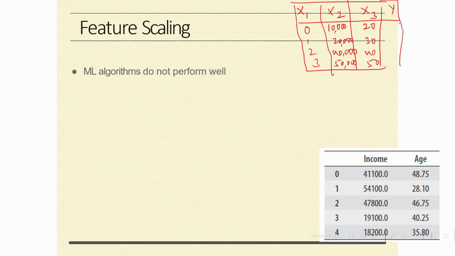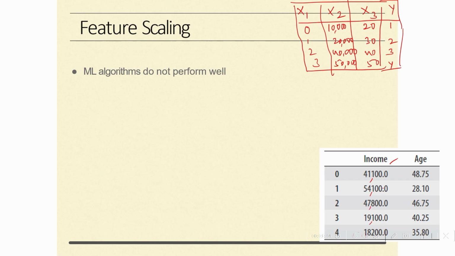Here the corresponding class labels are, suppose, 1, 3 and 4. So these are different data sets, with different values for each and every feature. Now see this example also: income has one range of values, like 41,100, then 54,100, 47,800 and 19,100.